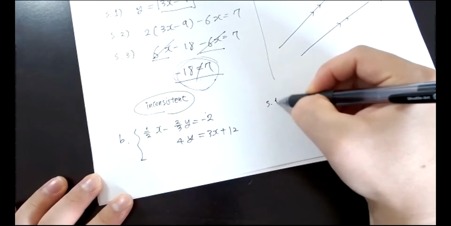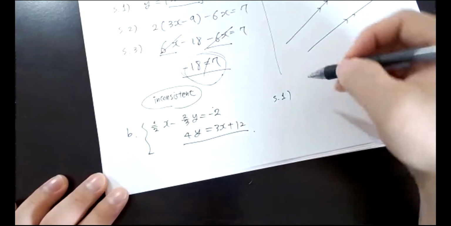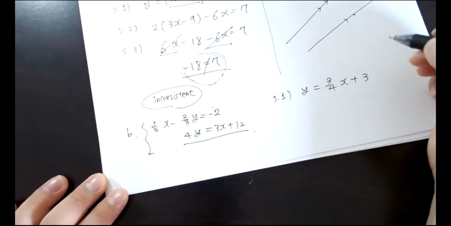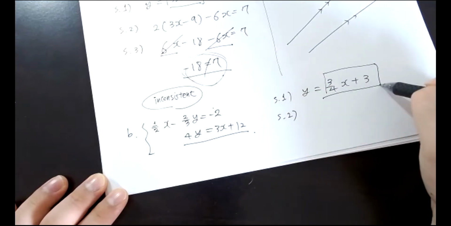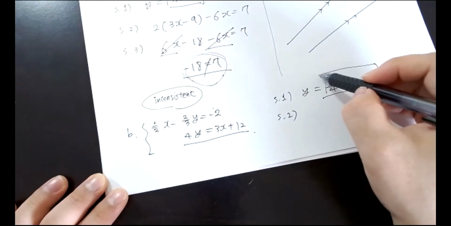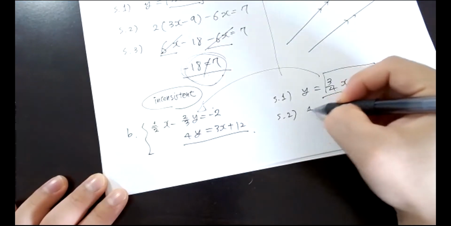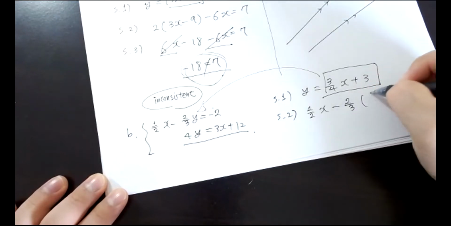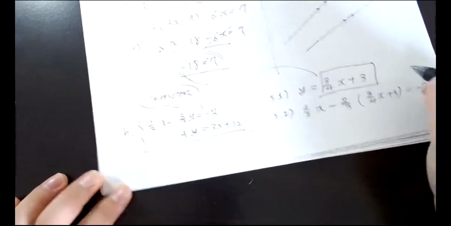Step 1, I'll solve the second equation for y. Then y is equal to 3 over 4 x plus 3, right? Step 2, I'll plug in 3 over 4 x plus 3 for the y in the first equation. Then we get 1/2 x minus 2 over 3 times (3 over 4 x plus 3) is equal to -2.